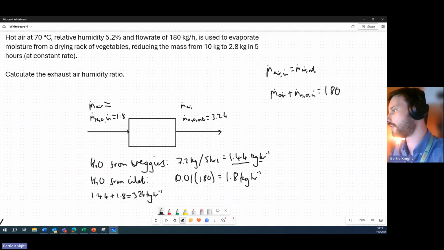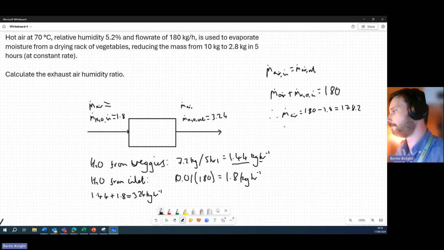And we know that this is 1.8, so M air is equal to 180 minus 1.8, which is 178.2. Yeah, my mental maths is bad.